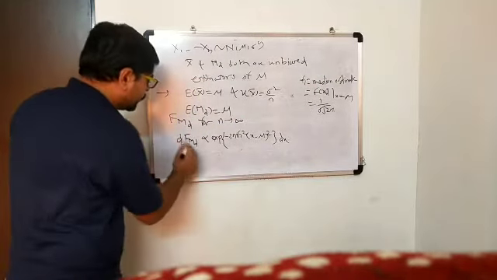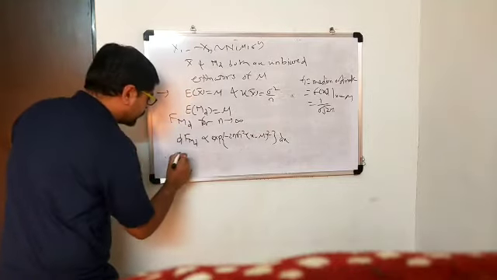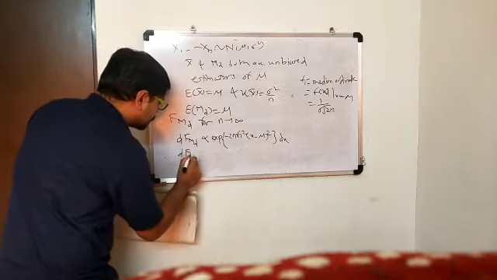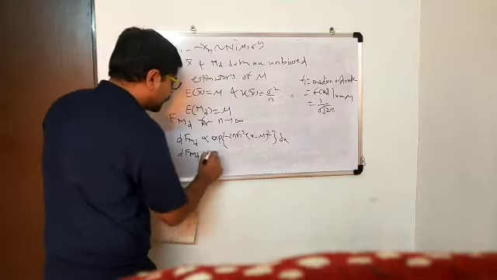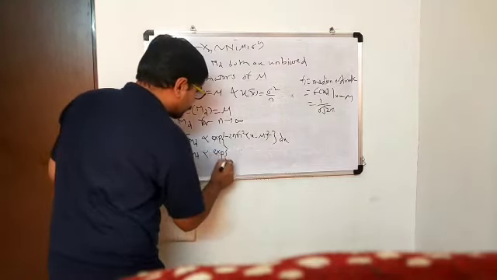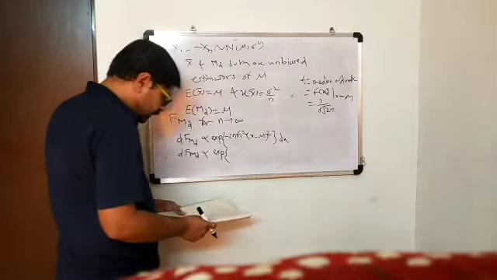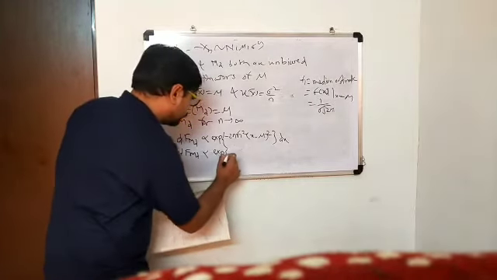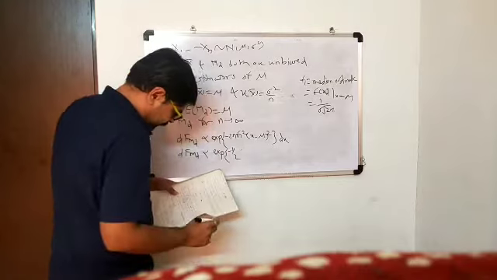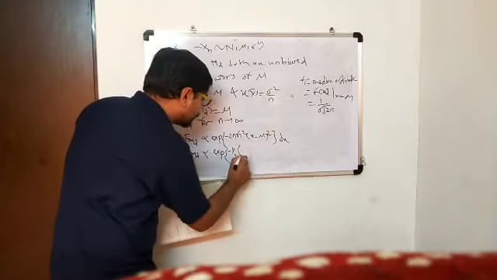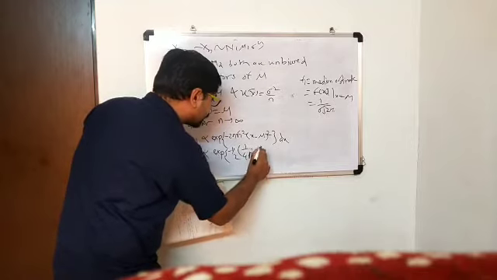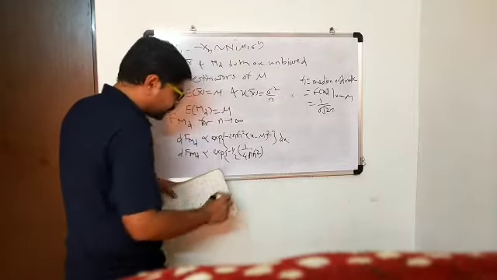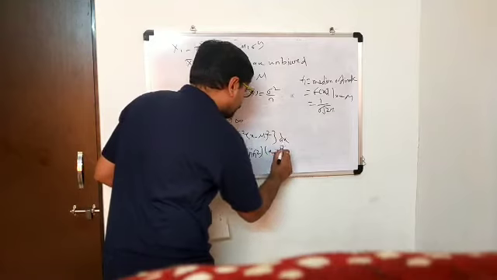So now we can write this function as the distribution of the median, given by exponential of minus half into 1 upon 4n f1 square into (x minus mu) bracket square dx.